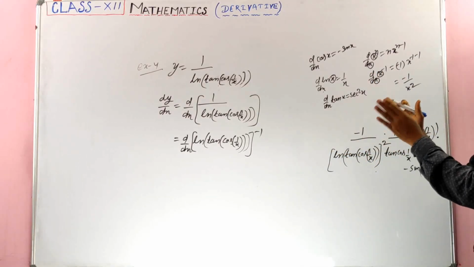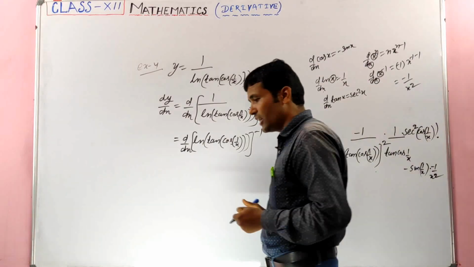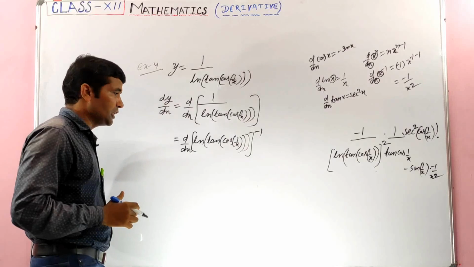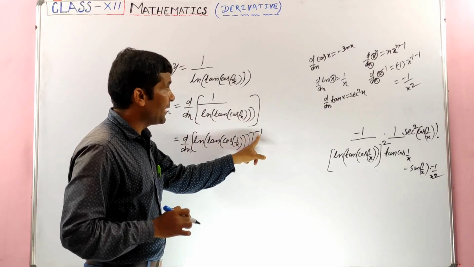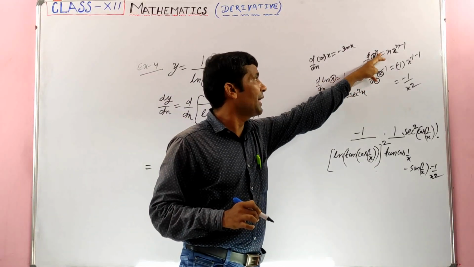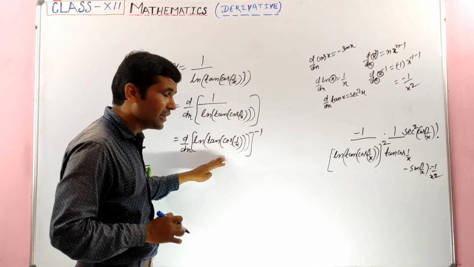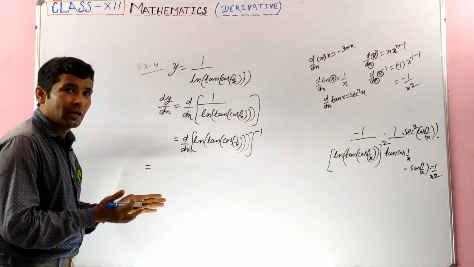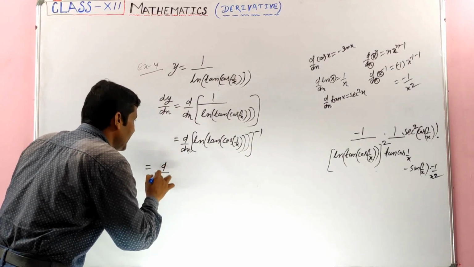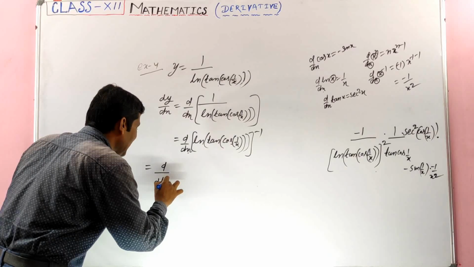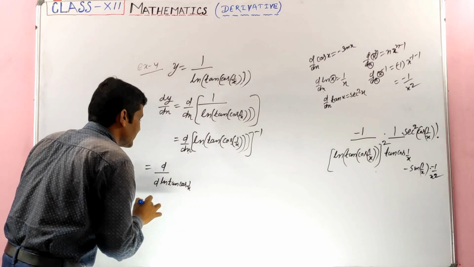How to find the answer directly without going through the steps of the chain rule? Now I can use the steps of the chain rule. See, adjust it. This to the power minus 1. Here the formula is x to the power n. So inside is something. Here inside is ln of something. That is not in the d of something. So adjust it as d by d ln tan cos 1 by x.